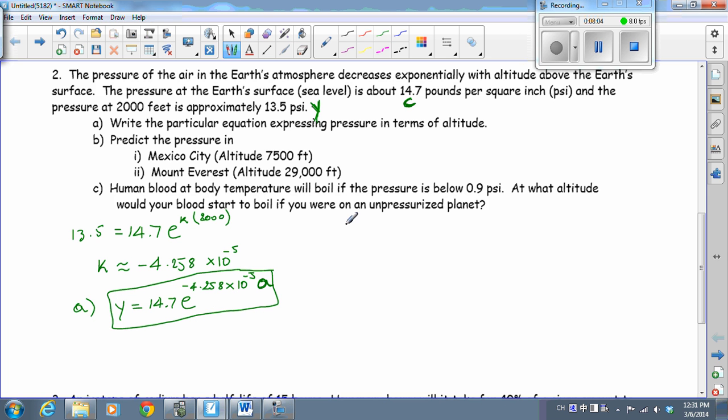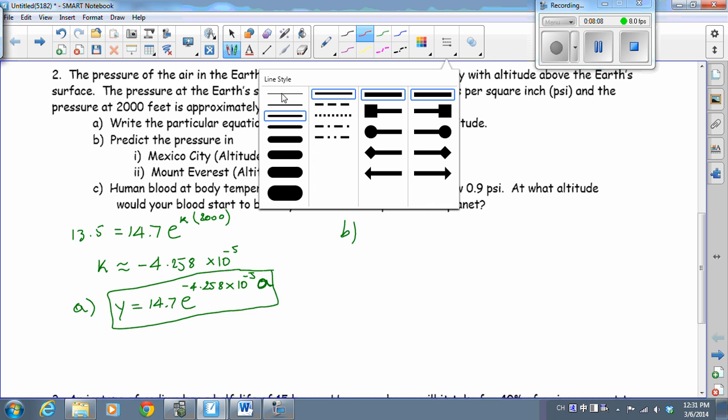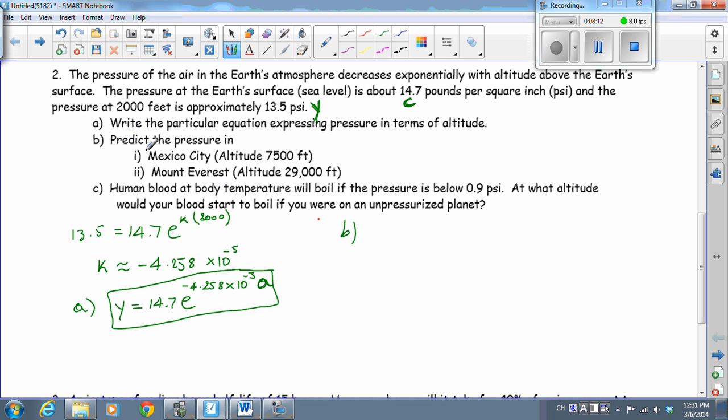Let's go ahead and look at B. For B, it says predict the pressure. Well, let's do B1. For B1, the altitude is 7,500. So for this, if the altitude is 7,500, all you got to do is put this in the y equation and put in 7,500.